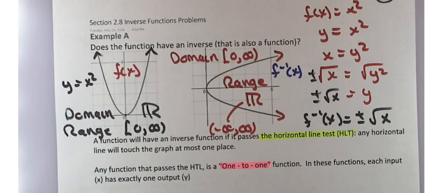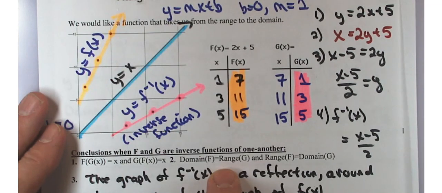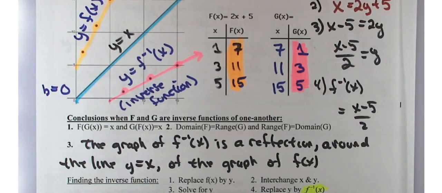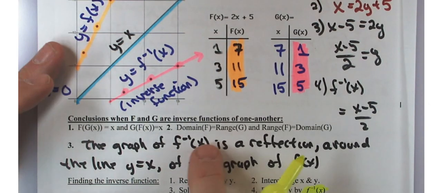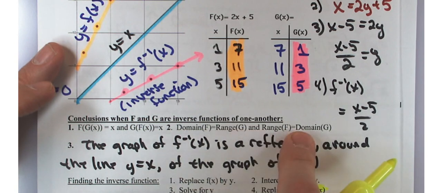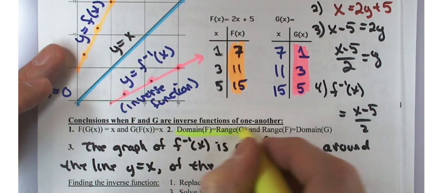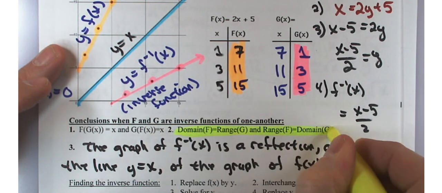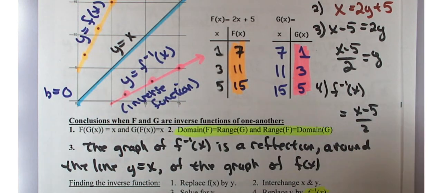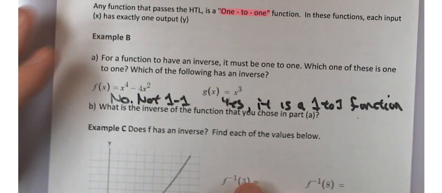If you look back at your handout, you'll see exactly that: the domain of a function is the range of the inverse, and vice versa. So those two things switch. Nice. A nice little thing to notice.